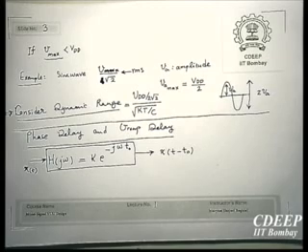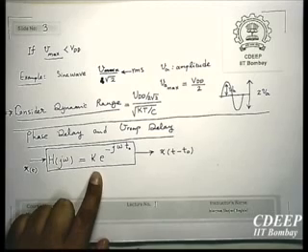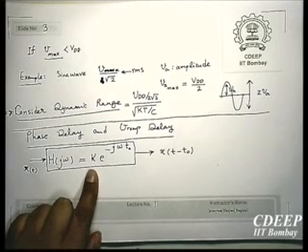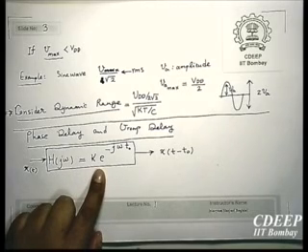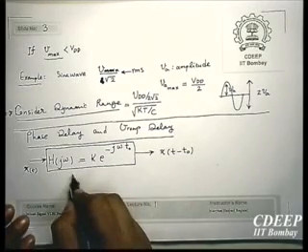So this creates only a delay. What is the characteristic of this system? The magnitude of its transfer function is constant, k. Its phase is a linear function of omega, right? So that's why it is called a linear phase system.